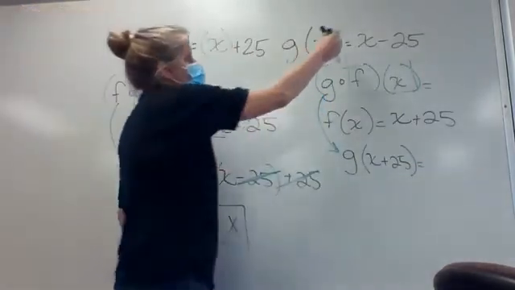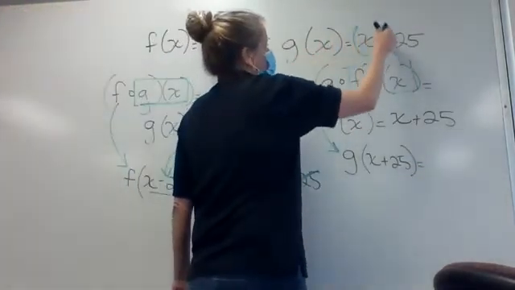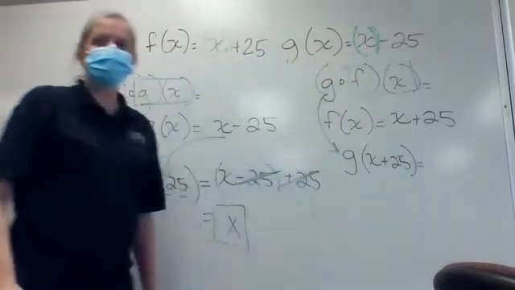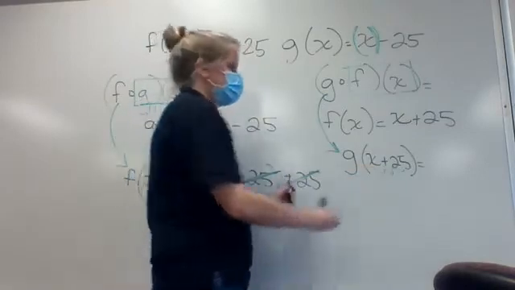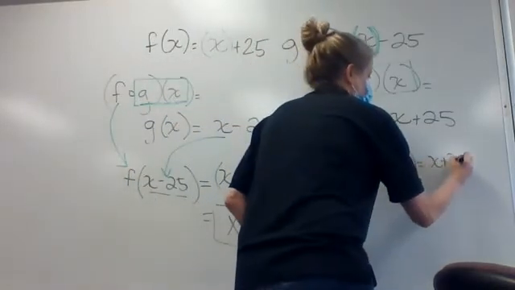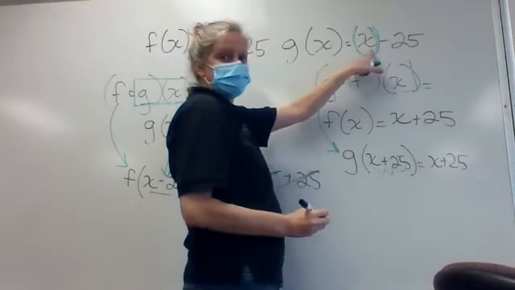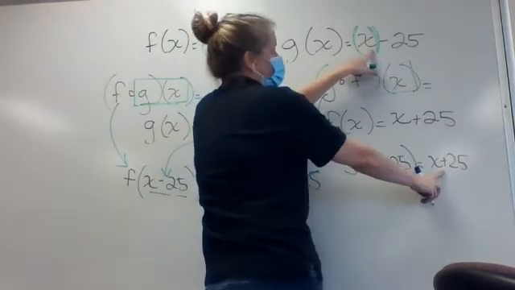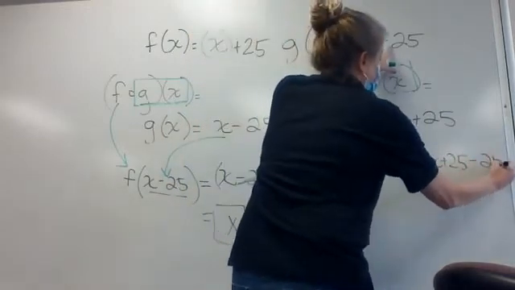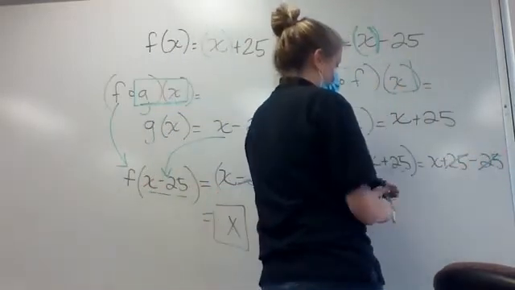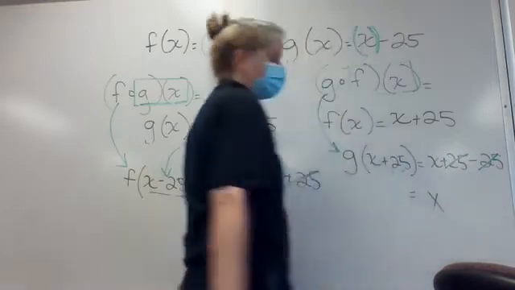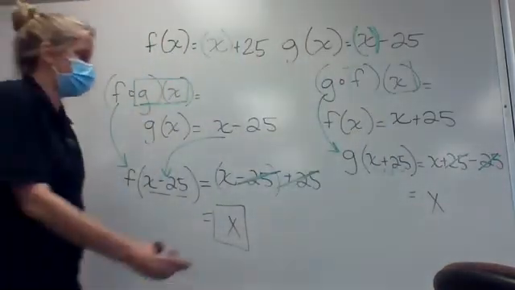So I go to g, which is right here. What do I put in place of that x? What's in your parentheses, x plus 25. So after replacing x with x plus 25, I have minus 25, just like the last one. 25 minus 25 is 0. So that one also ended up just being x.